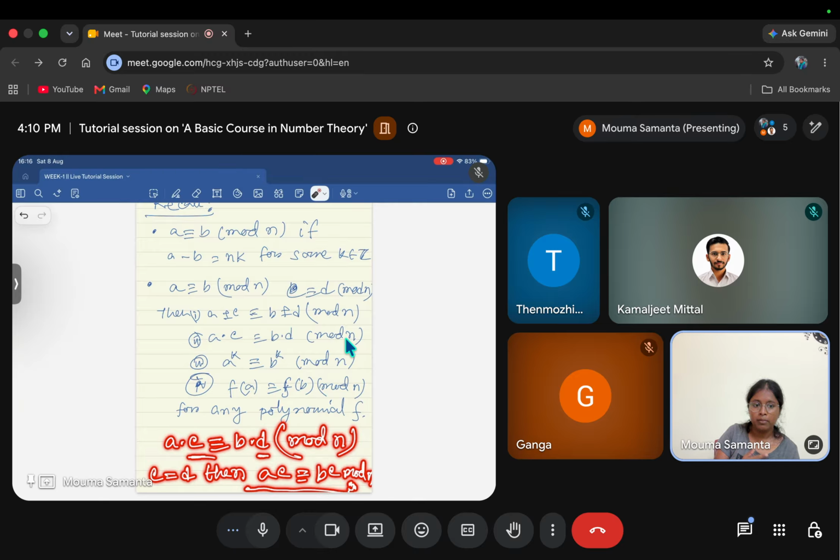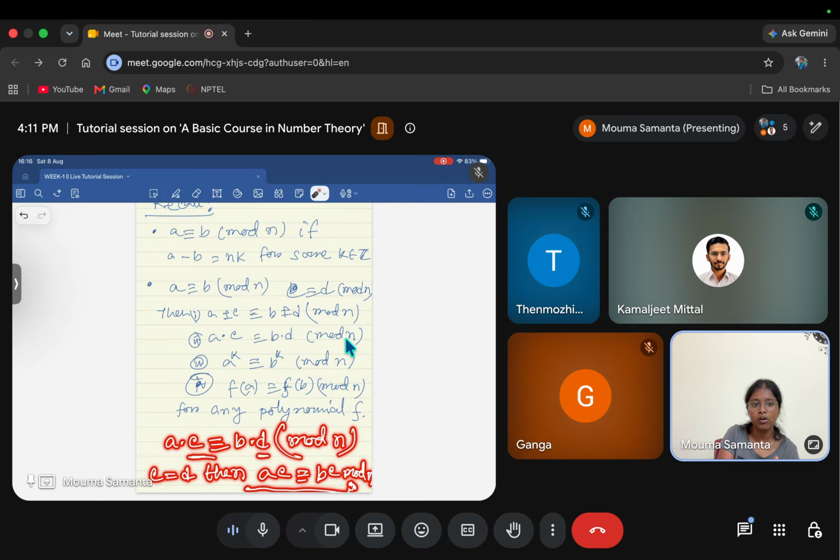But if I ask whether the converse relation will also hold or not, that is, you are given ac is congruent to bc mod n, can you give me any congruence relation between a and b mod n or not?